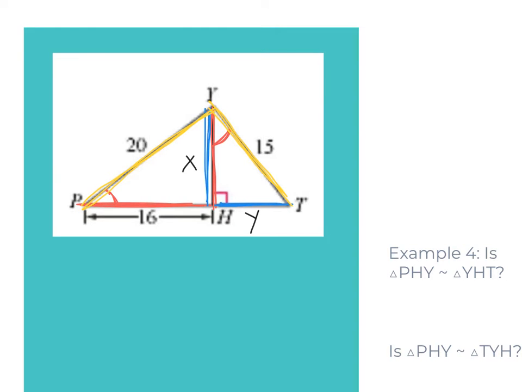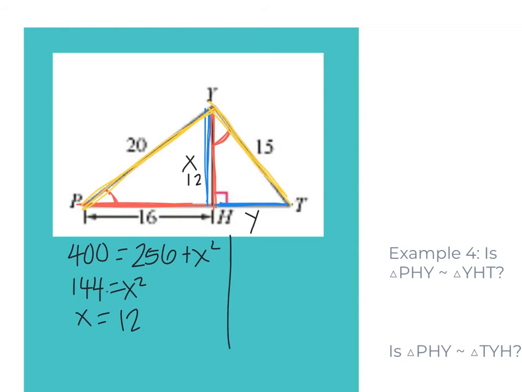So I know it's a right triangle, so then I have 20 squared equals 256 plus x squared. 400 minus 256 is 144. So x must be 12.